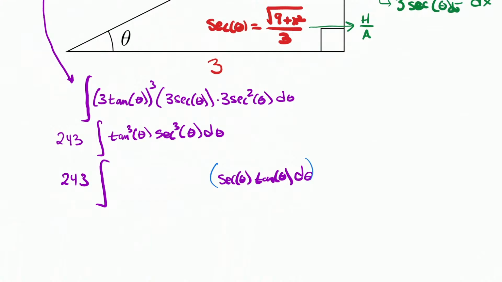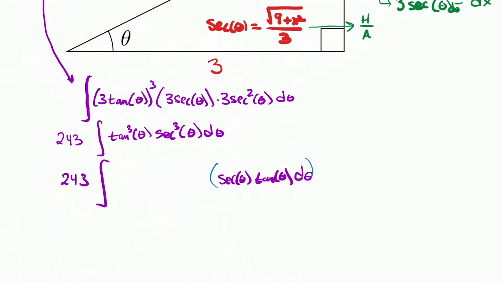The problem with secant squared is if I took two secants away from this, you'd only have one left, and I wouldn't be able to convert that one secant into tangents. I suppose I could still convert it, it just would be ugly, and I don't want to deal with ugly. So this is a little bit better.